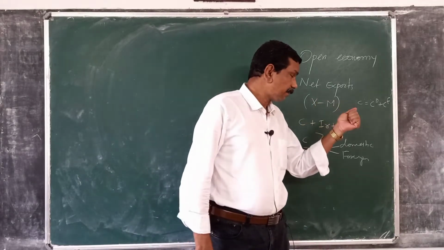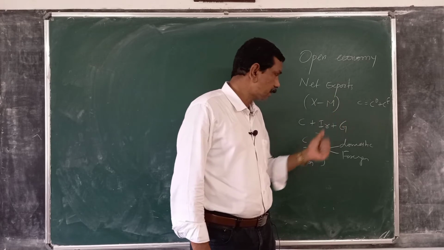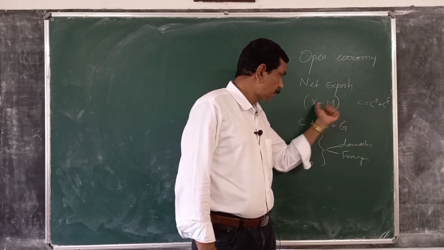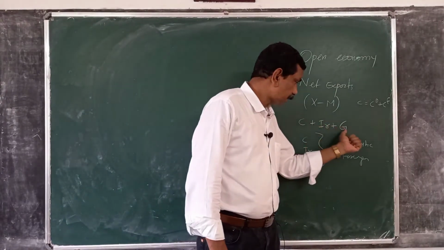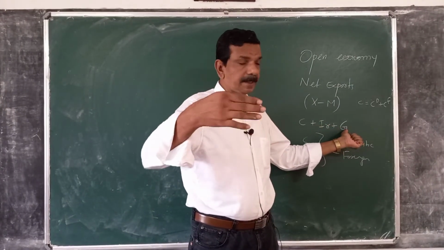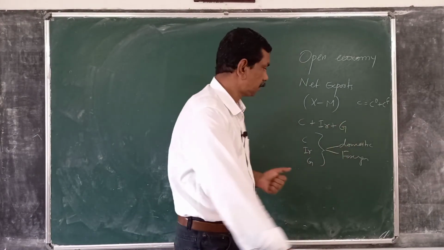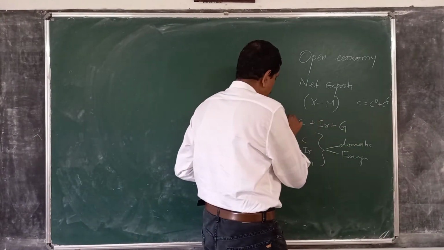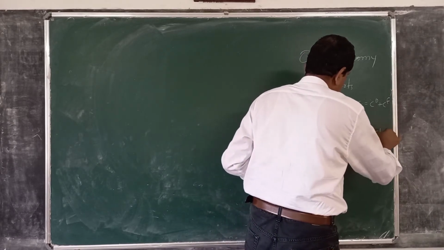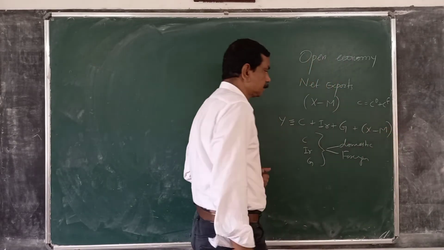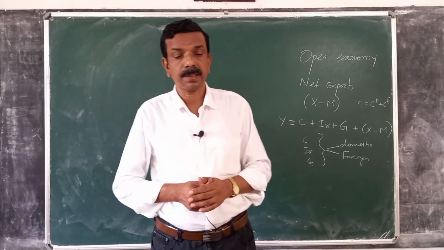So instead of using gross exports and gross imports, we add net exports to C plus IR plus G, that is spending by the three domestic sectors. So Y in that case is C plus IR plus G plus X minus M.